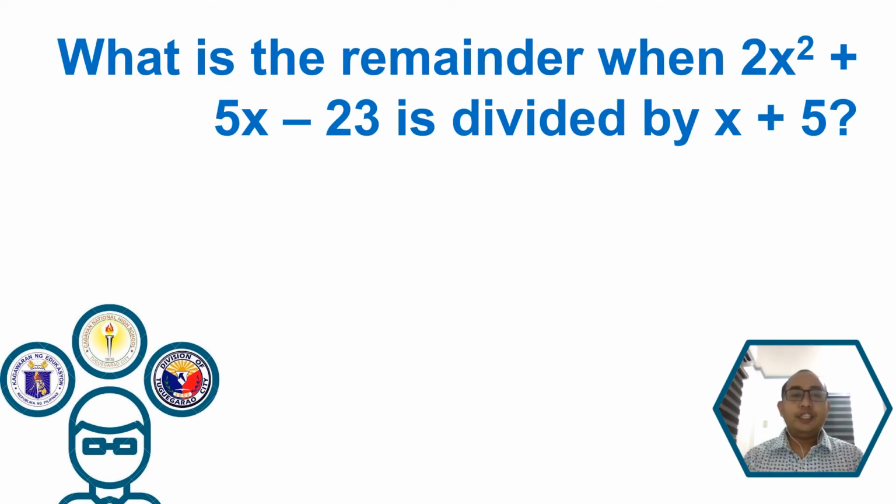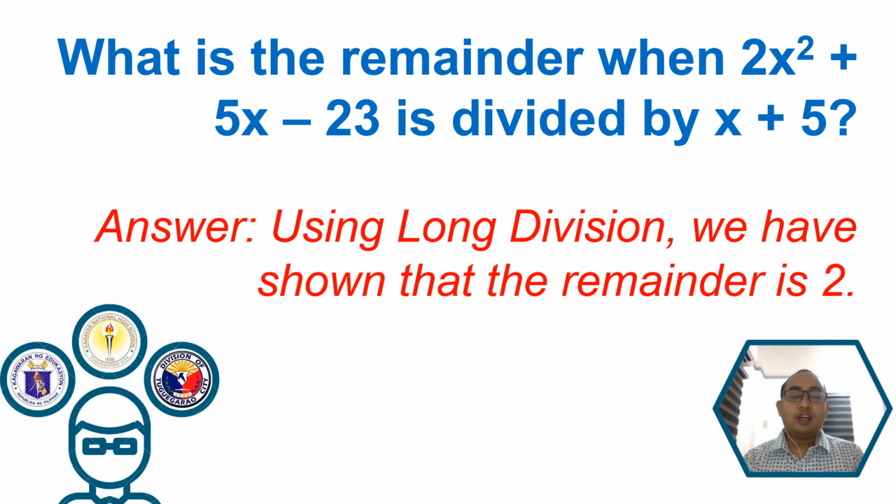Okay, class. So we are now done with long division and synthetic division. Before we proceed to the last topic, may we go back to our very first example earlier. What is the remainder when 2x squared plus 5x minus 23 is divided by x plus 5? Earlier, class, we have shown using long division that the remainder is actually equal to 2.